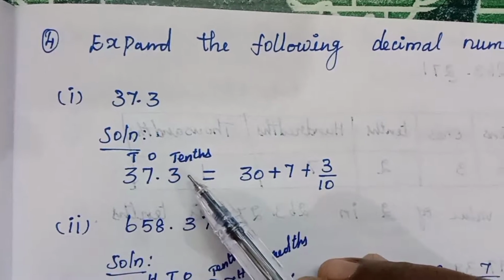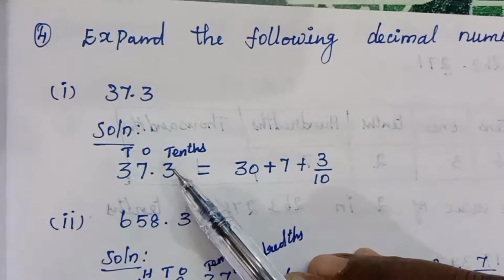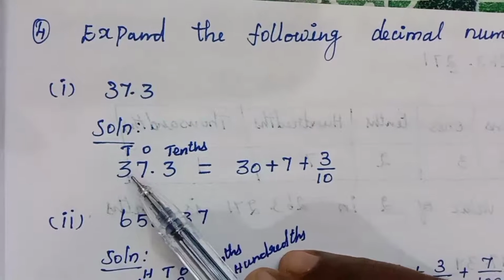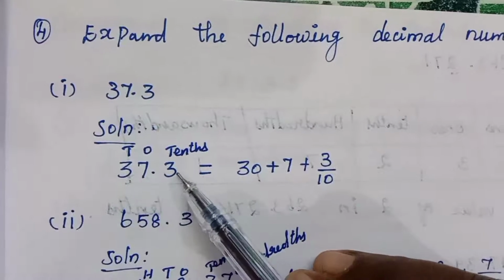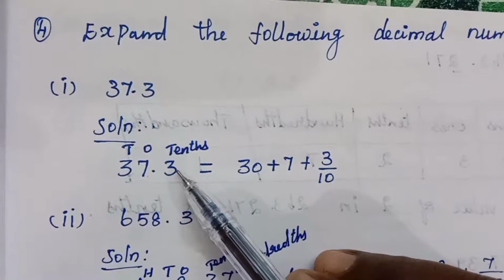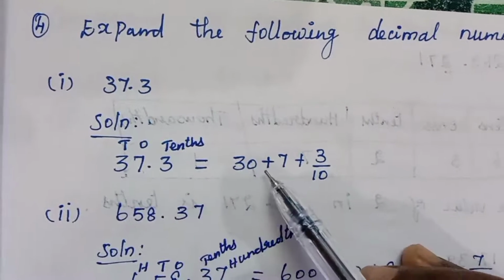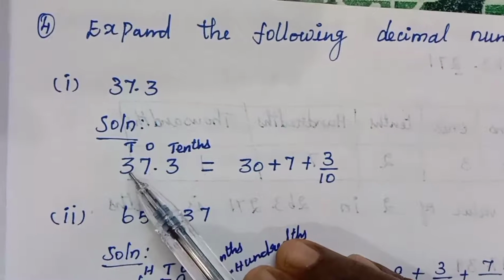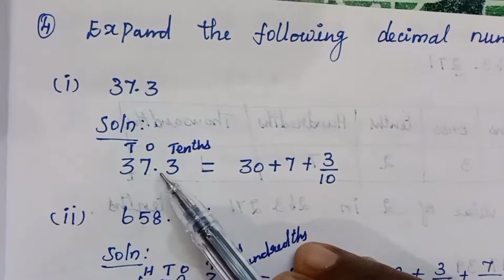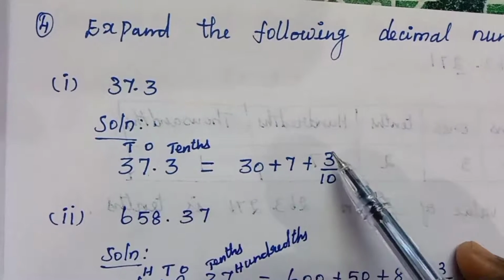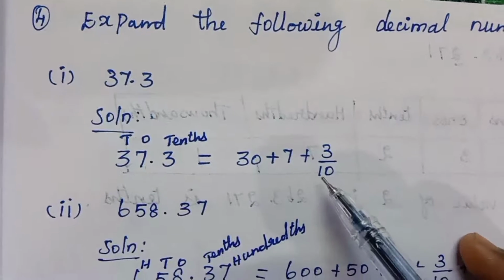So we have only one decimal place. So there are 3 tens, 7 ones. 3 tens, that is 30. So 30 plus 7 plus 3 by 10. This is the expanded form.